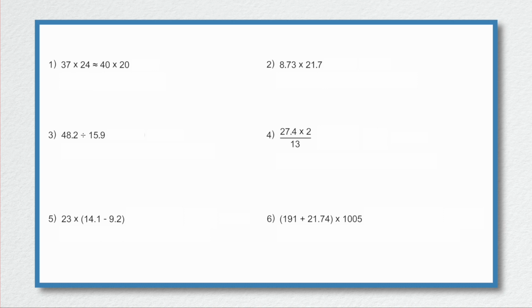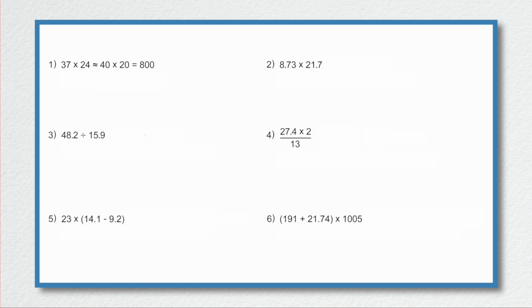And 40 multiplied by 20, well, 2 4s are 8, add the 2 noughts, gives us 800. So there is an approximation to 37 multiplied by 24. We're going to look at the actual calculator answer later on to compare the actual answer with the estimation. And we will repeat that for all the questions shown here.